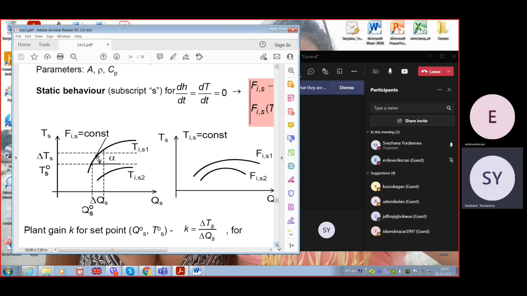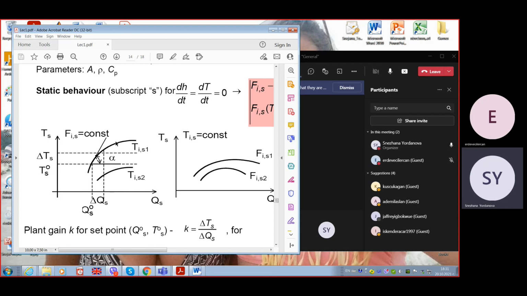The gain of the plant is an important value because it shows how a unit change of input influences the output. For instance, if we change Q, which is the heat, for instance, calories, by 10, and in this operating point this causes an increase of temperature by 20, the gain is 2.